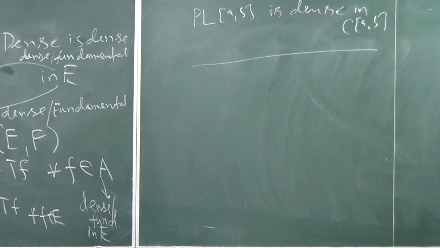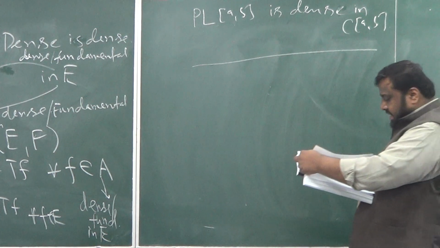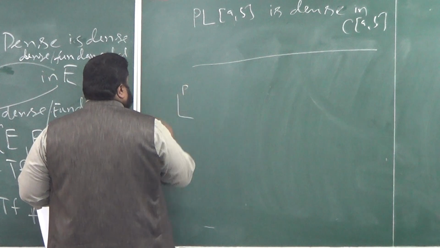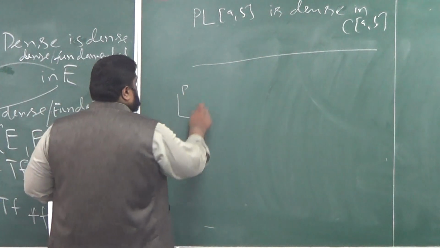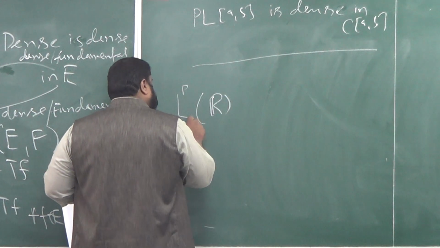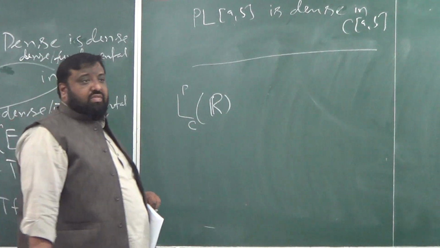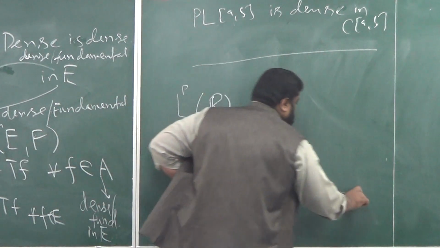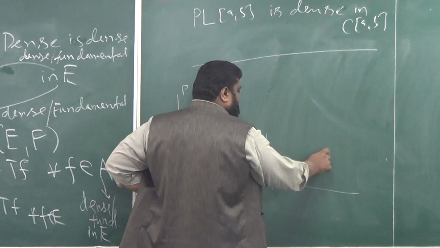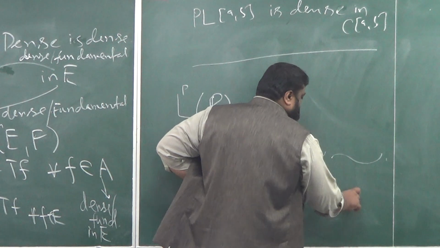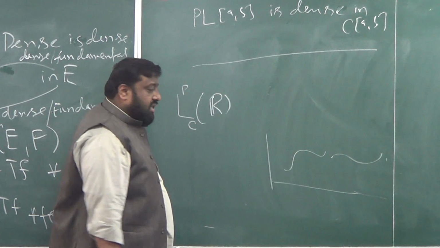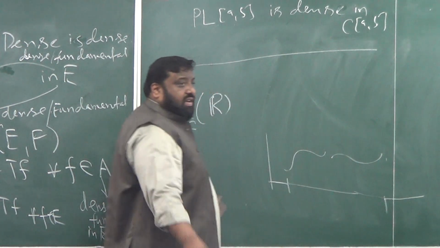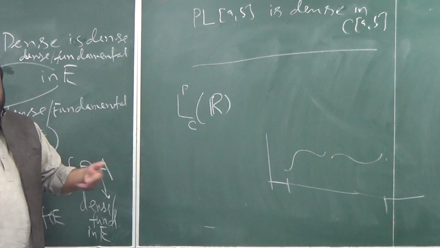And then we ended our discussion ultimately at talking about a space of p-integrable functions with compact support. So these functions are integrable, not necessarily continuous, but outside a certain interval they vanish.